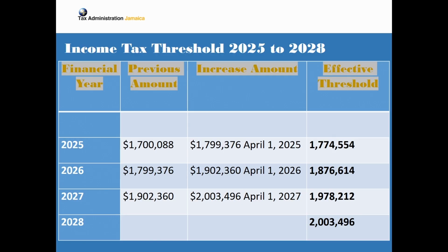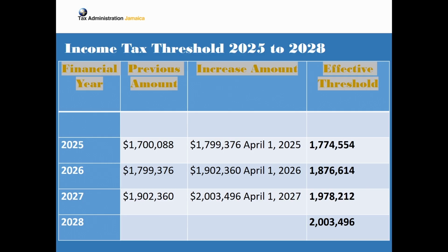So if it was increased, in this case, let's see now. For 2025, the previous amount was $1,700,088. But then this amount was increased on April 1 of the same year, 2025, to $1,799,376.